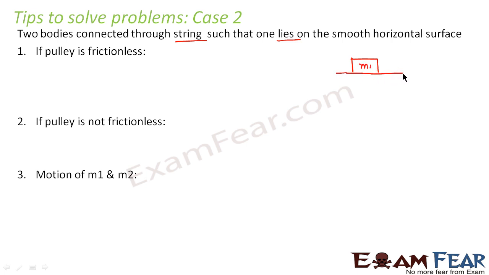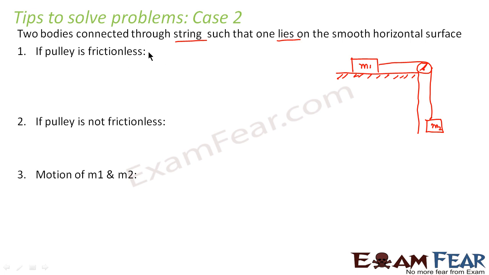This object is lying on a surface and this object is connected via a pulley to another object say M2. So this is a surface over which M1 is lying and it is connected via string through a pulley to another object M2.